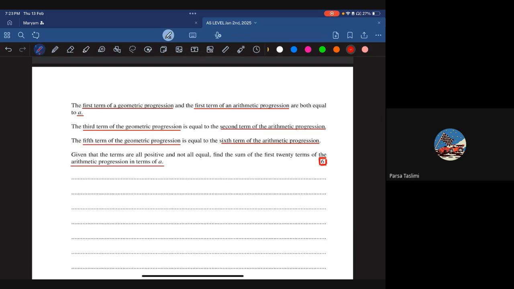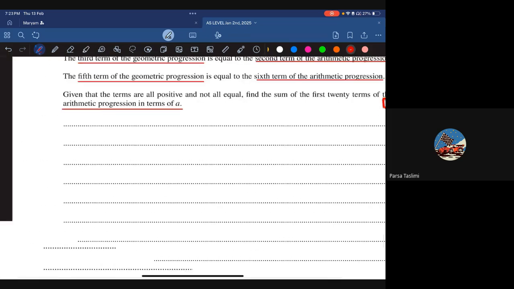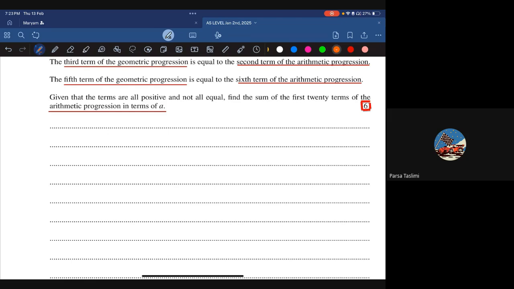The first thing you need to know, let's write them down at the side: how do you find the nth term for an AP and for a GP? Yes, Parsa. For an arithmetic progression, it's a plus n minus 1 times d.